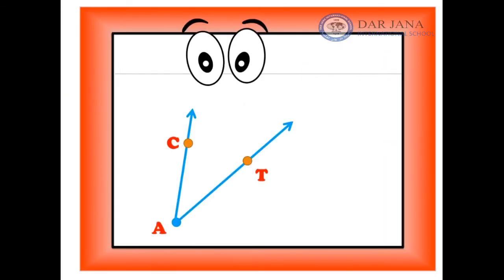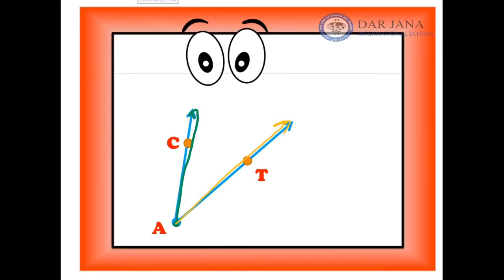Now have a look at this drawing. What do you see? I don't see a line, I don't see a line segment, but I can see two rays. This is my first ray. It starts from here and continues up, and this is my second ray.